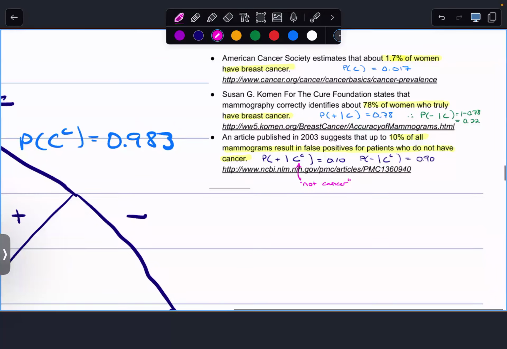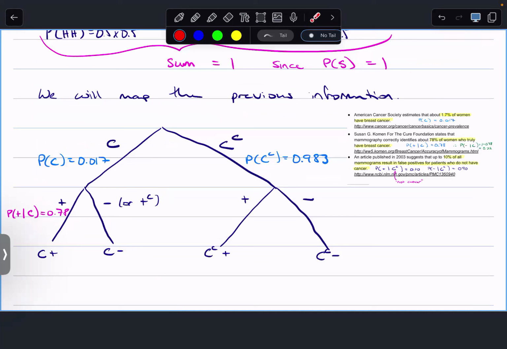So that's from here. Which means testing negative, even if they have cancer, is 0.22. That's pretty bad. Probability of testing negative, given that they have cancer, is 0.22.